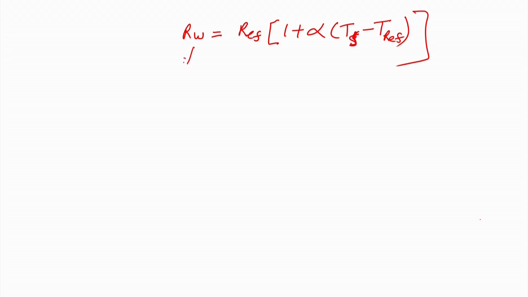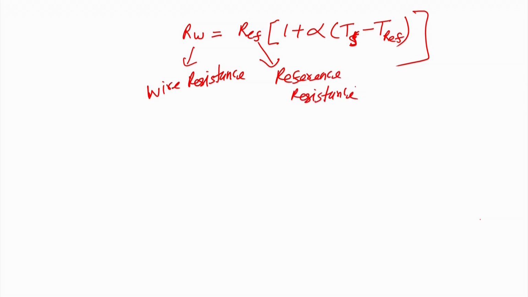So, RW will be what? It is the wire resistance. RF is the reference resistance. Ts is the surface temperature of the wire; better we write the same term as TW instead of Ts.